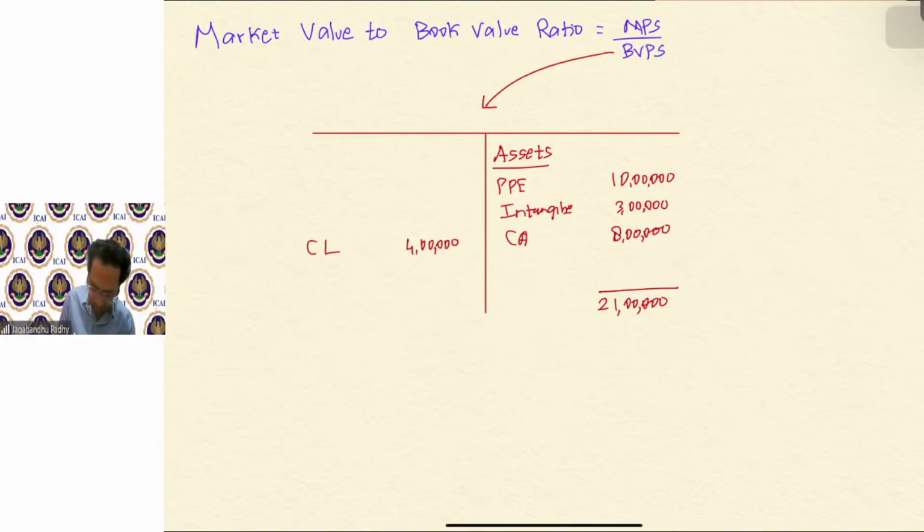Now, of course, the company will have some equity share capital, some reserves, and maybe some debentures. So let's say equity share capital is 5 lakh. Then we have the debenture value of, let's say, 2 lakh. And then the balance sheet figure, you can see the reserves work out to be 10 lakhs.